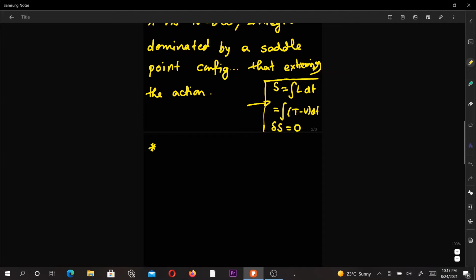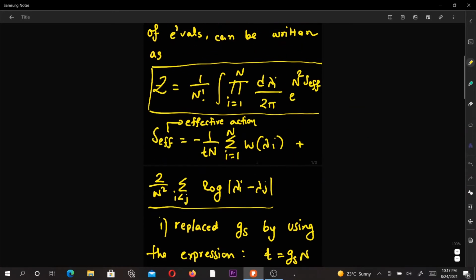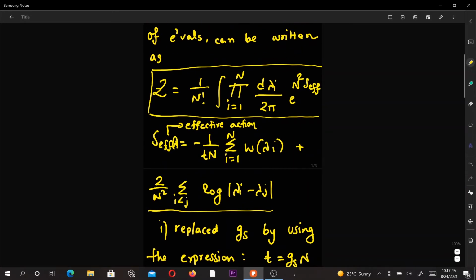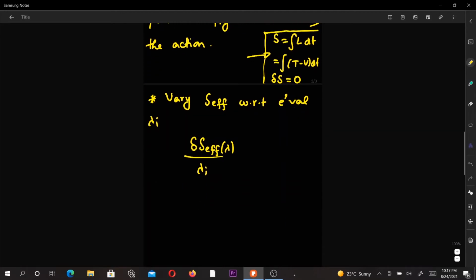So what we will do is vary with respect to the eigenvalue lambda_i. Since we are taking the variation of the action, this should be 0.